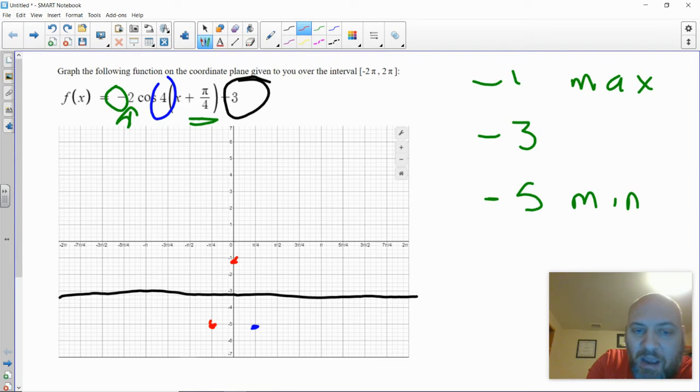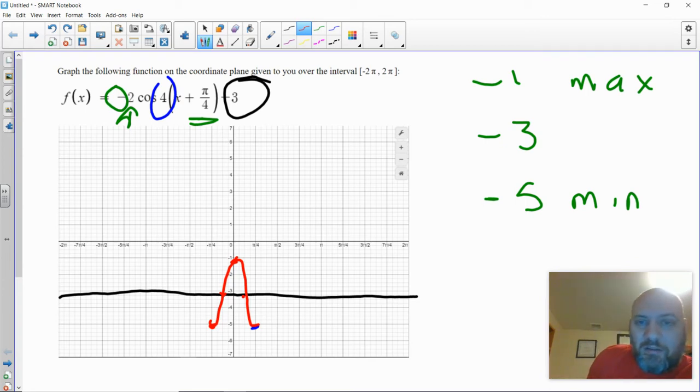Halfway between -pi/4 and 0 is where it crosses the midline, so at -pi/8. And on the other side, between 0 and pi/4, it's going to be crossing at pi/8. So that is one cosine curve based on this equation.